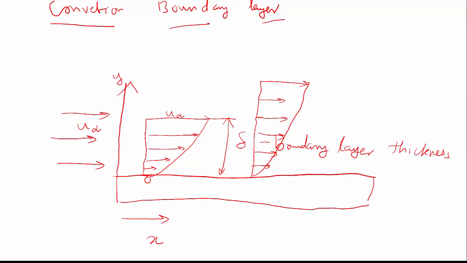At the inlet, the velocity effect is much higher compared to the surface effect because the fluid stream is just in contact with the surface at the initial stage, and over time the continuous shear effect raises the height of the velocity profile due to the cumulative shear effect. Therefore it reaches the fluid stream velocity at a certain height. I connect these edges and it creates one profile. This is the boundary layer.